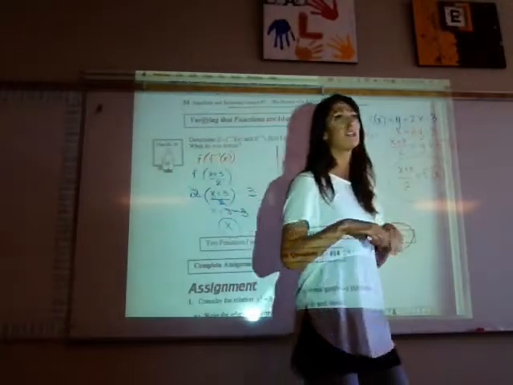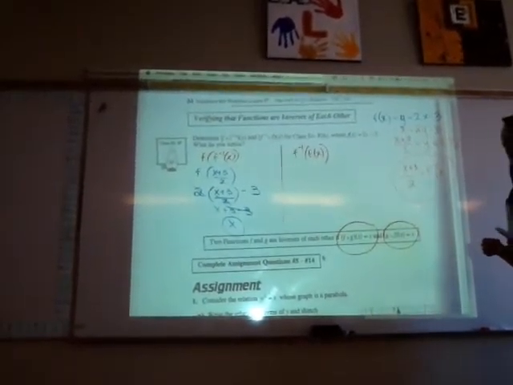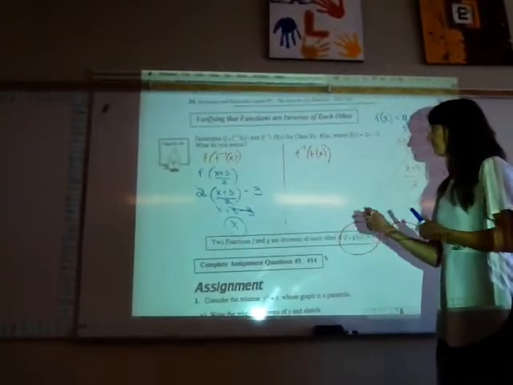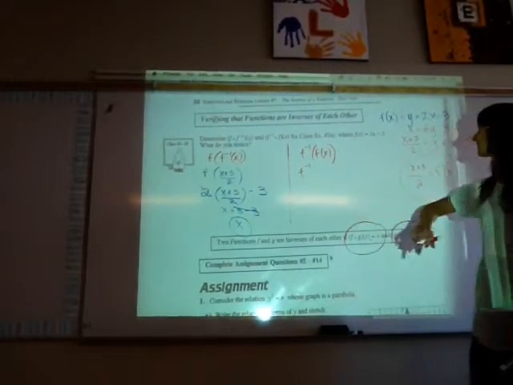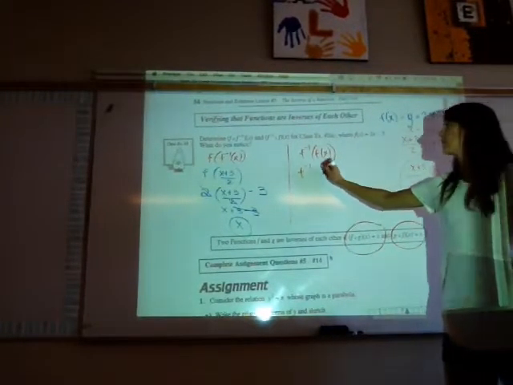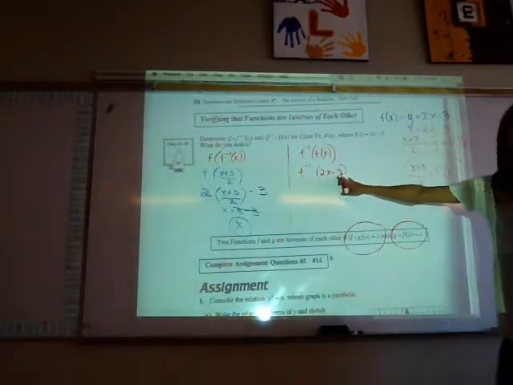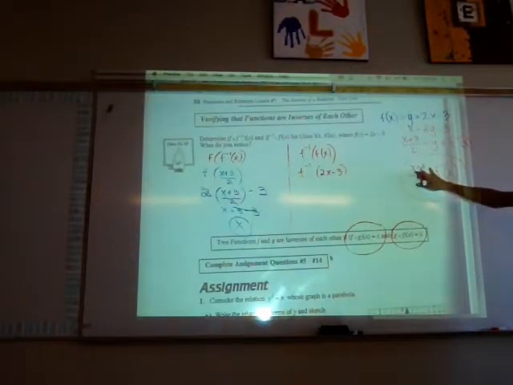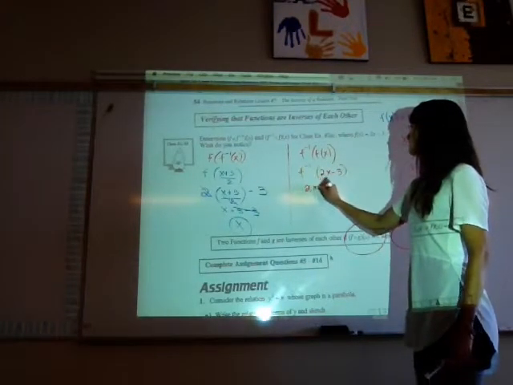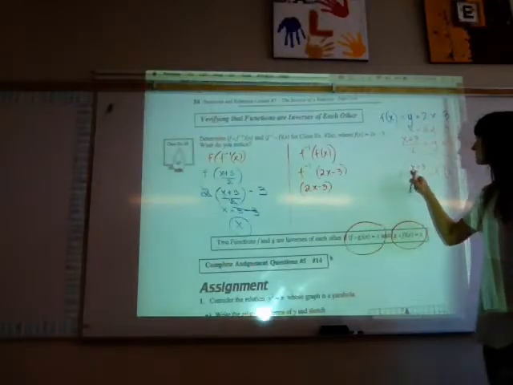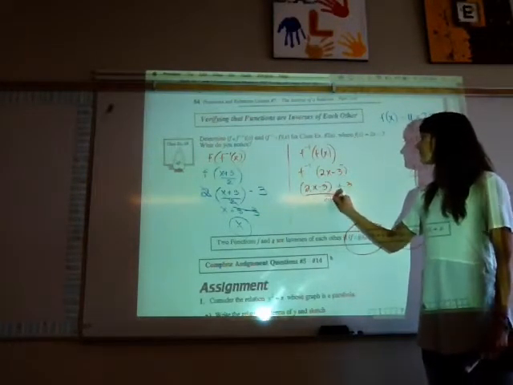We need to prove that the inverse of f of f of x is also equal to x. So subbing into the inverse function, we're going to put f of x in there. f of x was 2x minus 3. So we're going to sub 2x minus 3 into every x from the inverse of f of x. So 2x minus 3 is replacing the x, and we have to add 3, all divided by 2.